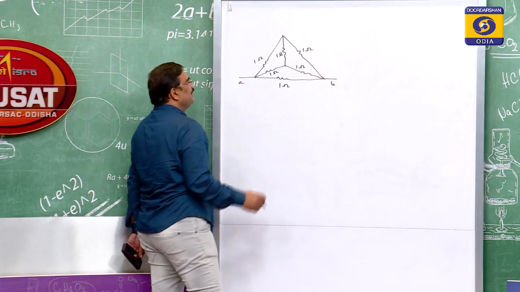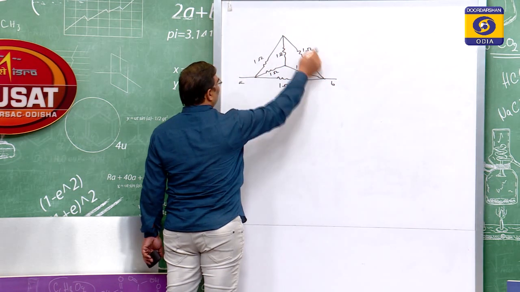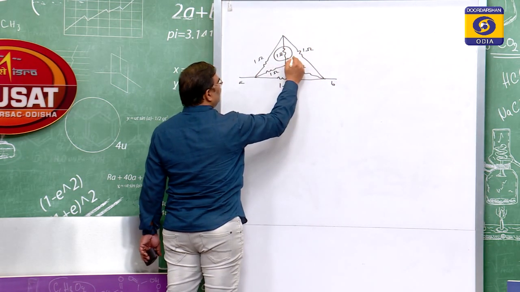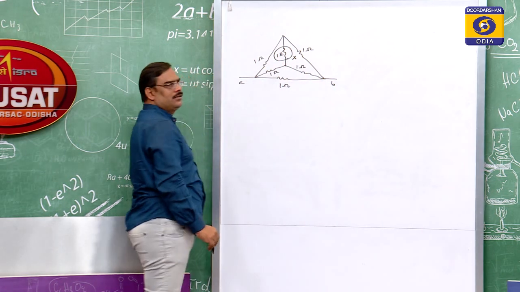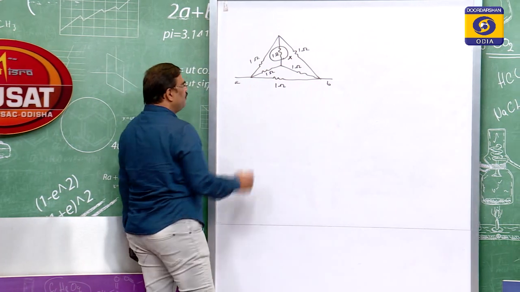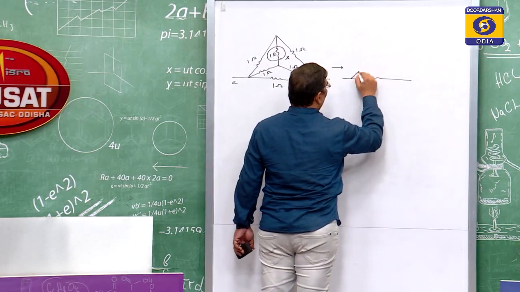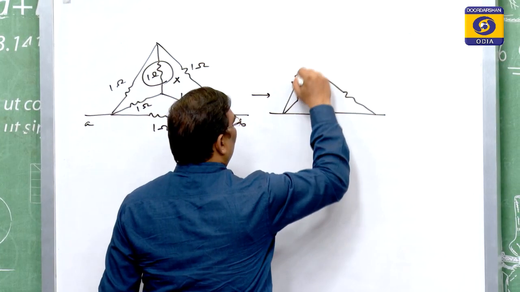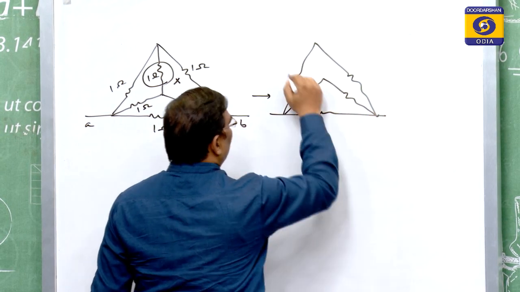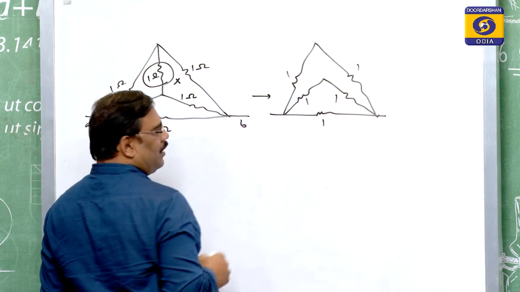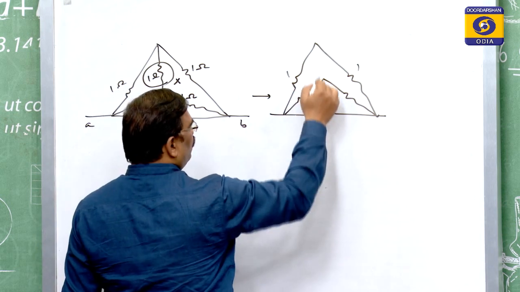To find the effective resistance, we see the upper part of this diagram is a balanced Wheatstone's bridge, where this resistance is becoming useless for the circuit. So, the equivalent figure becomes like this. So, this is 1, 1, 1, 1 and 1. So, 2 and 2 in parallel. So, it is 2, 2 and 1.